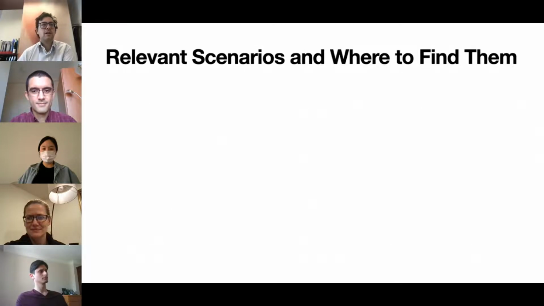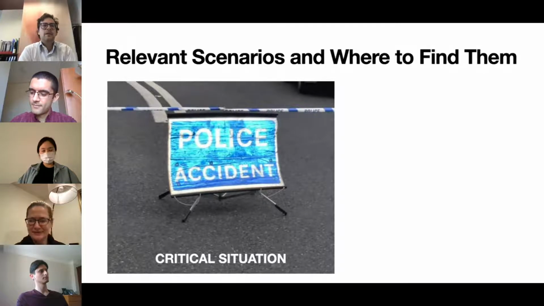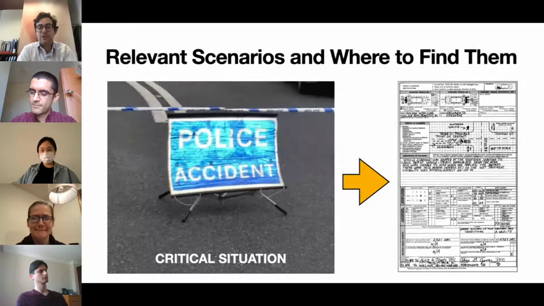So in this work, we make the observation, or we argue, that relevant scenarios are the ones that are safety critical. And one straightforward way of identifying them is to relate to crash accidents. So there is a critical situation, a crash that happened. And the nice thing is that police tend to, or in general, those crashes are documented.